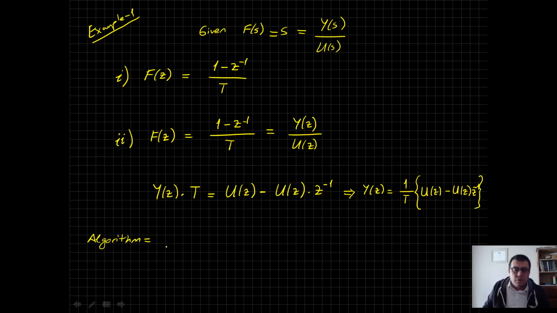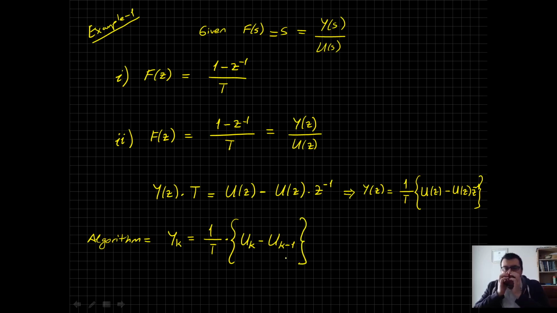Okay, so the algorithm is that yk, the output at the kth step, this is important for us, that part is very important for us, it should be equal to 1 over t times uk minus uk minus 1, right? So this is what the z transform tells us.